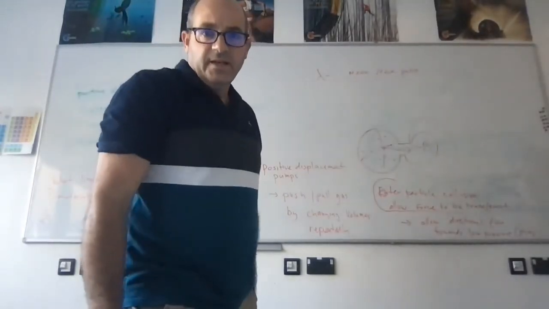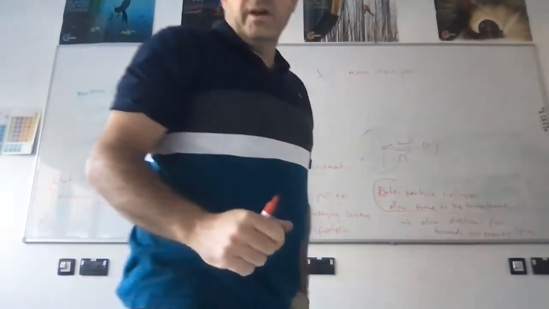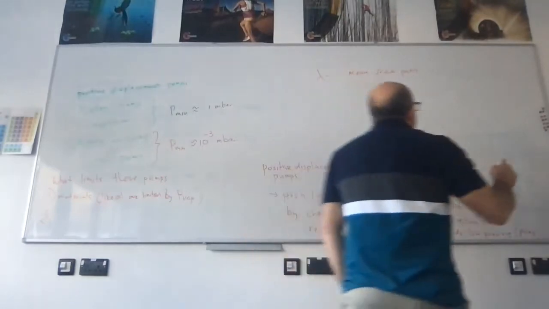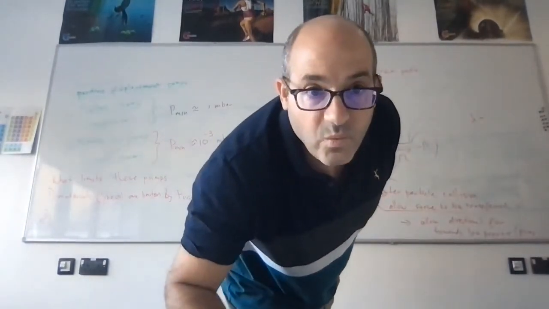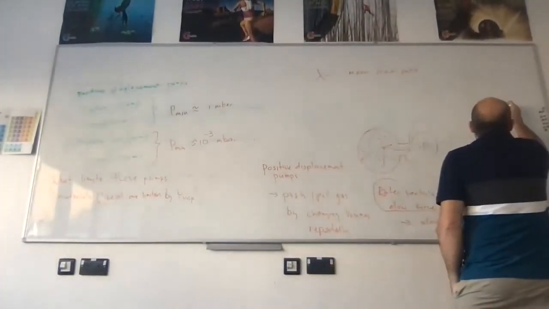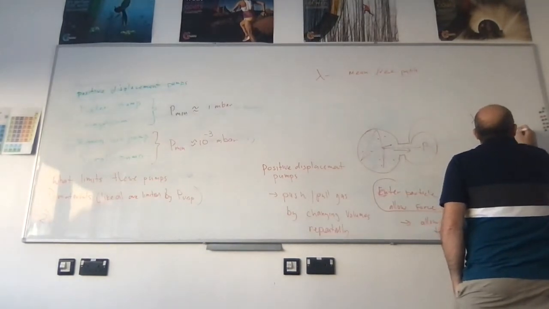We had an equation to calculate it. Do you remember what it was? I think it was lambda equals 1 over root 2 pi d squared n prime.